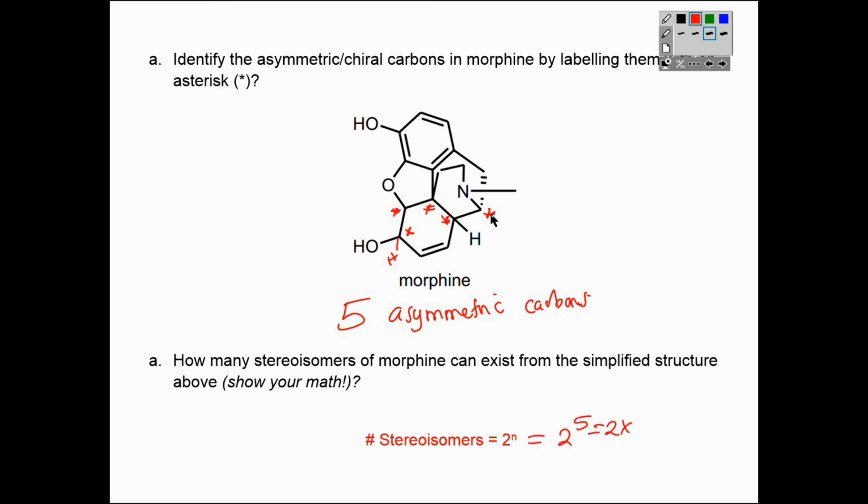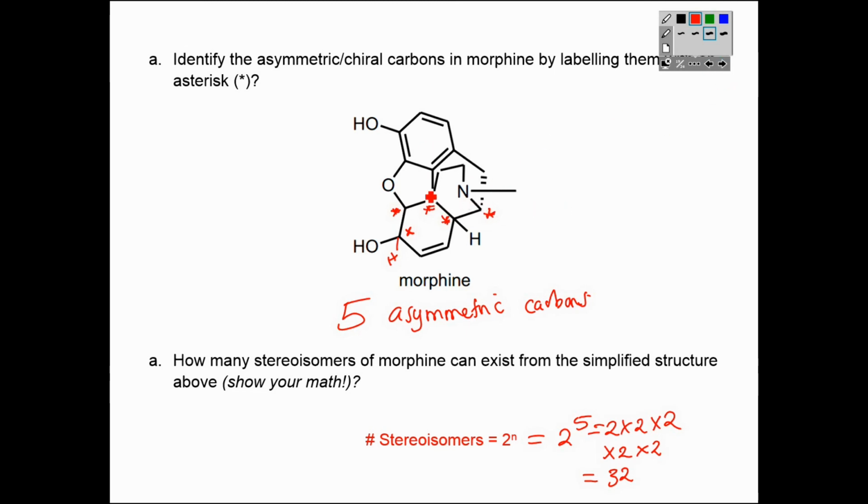So it's 2 times 2 times 2 times 2 times 2. What's that? 8 times 4. Is it 32? I don't know. You know better. Should be 32. So there's 32 possible ways of drawing the structure of morphine.